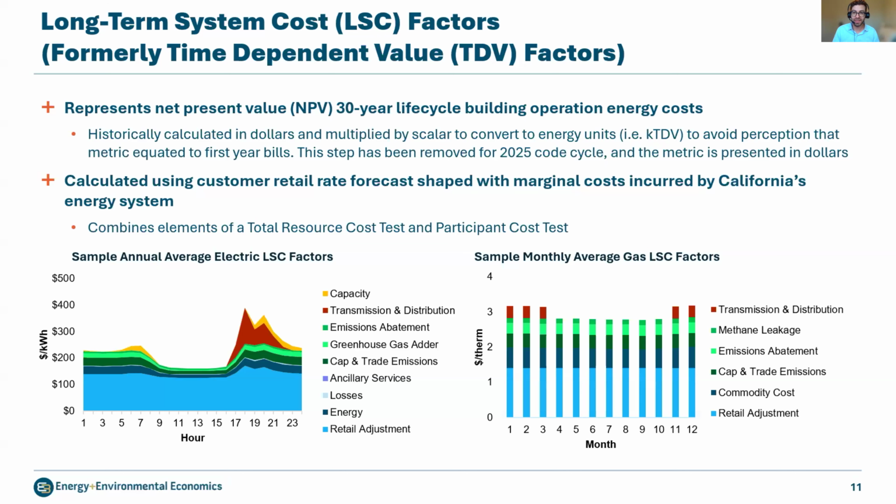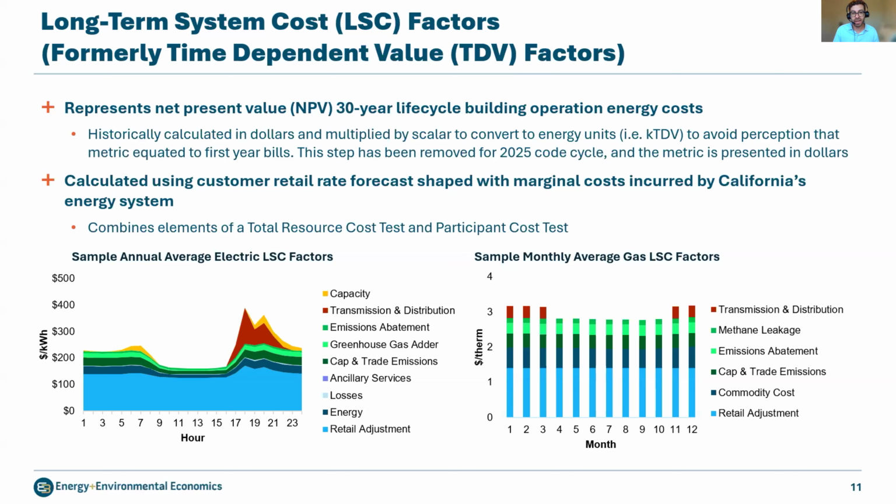Now, just to reiterate, these metrics do not represent a first-year utility bill. And there is still some confusion about whether it represents a customer perspective or something else. I think what's unique about these is that they're actually trying to capture certain elements of that customer perspective, or the participant cost test, and that state perspective, or the total resource cost test.